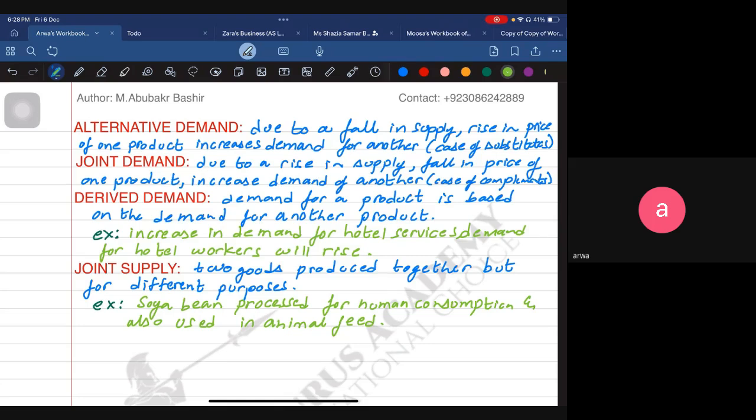You can write this part down and then we'll move forward to the new one. Okay, I'm done soon.